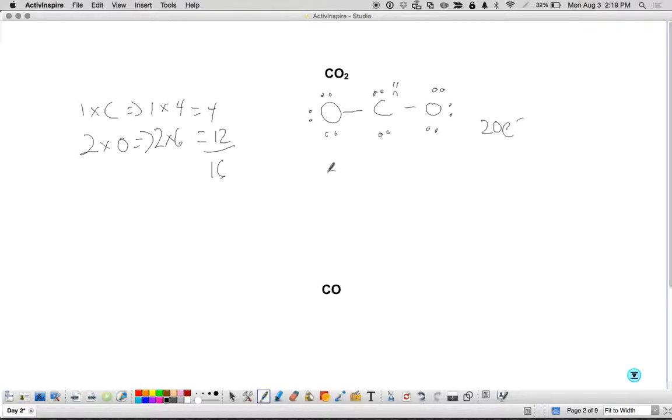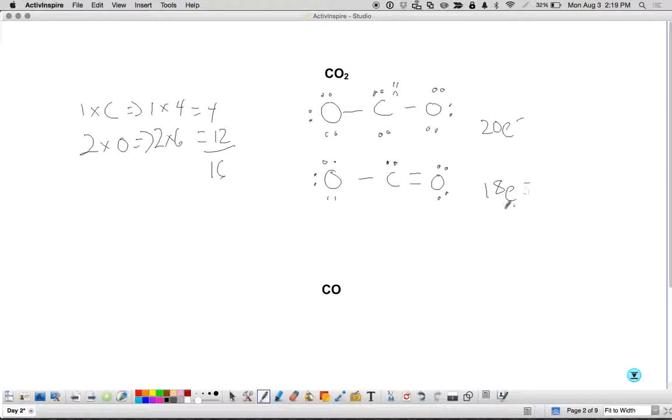So let's try instead, let's try one double bond and just see what happens. Okay, so now this has 4, 6, 8. This has 6, so it just needs 2 more. And this needs 6. All right, so count them up, 2, 4, 6, 8, 10, 12, 14, 16, 18.